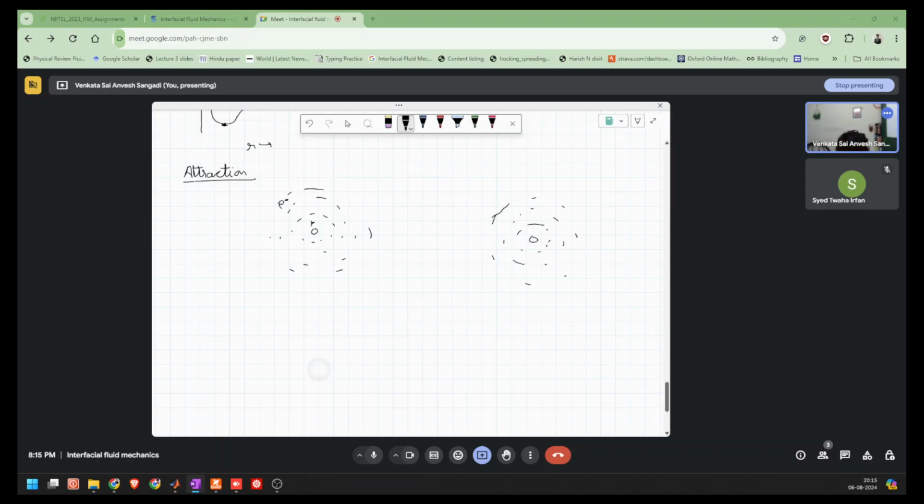When they are at a certain distance r, this proton P here feels the electron cloud, and this causes attraction.